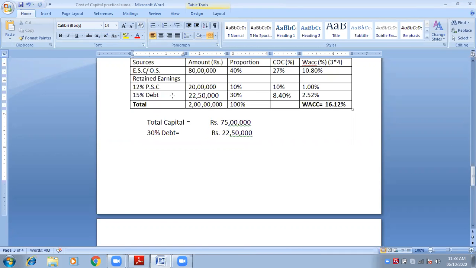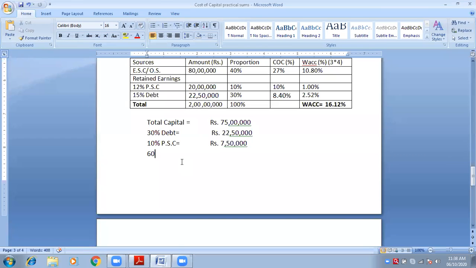Okay, next is 10% preference shares. So 10% is 7 lakh 50,000. What is the amount of preference shares? It is rupees 7 lakh 50,000. Now 60%, of course, common sense. 40% is gone.